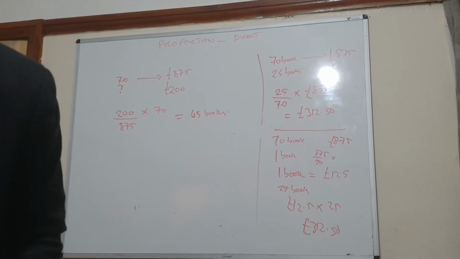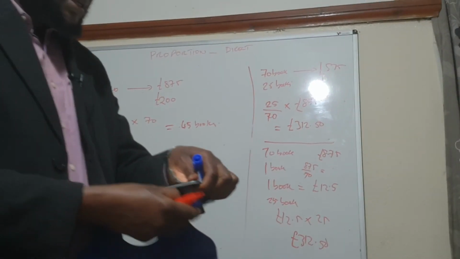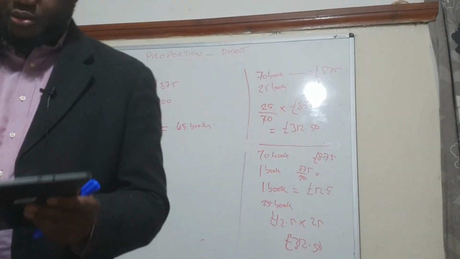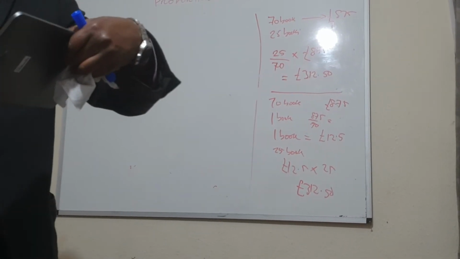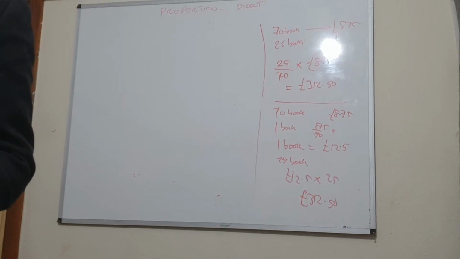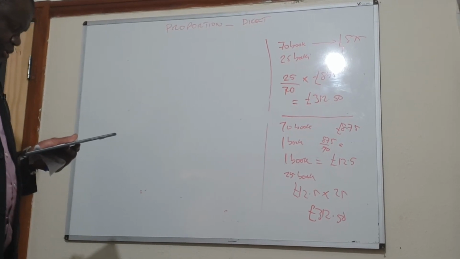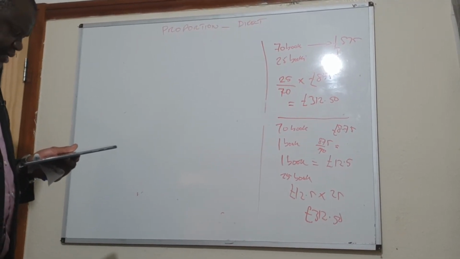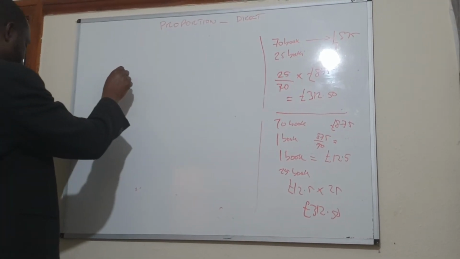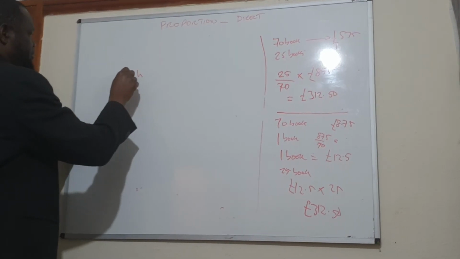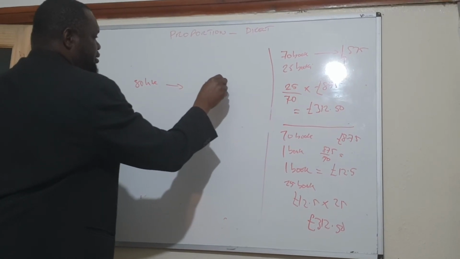Now let's look at this one. Let me take this up from here and take the picture. The book is very big. The question says a lorry uses 80 liters of fuel on a trip of 280 kilometers.